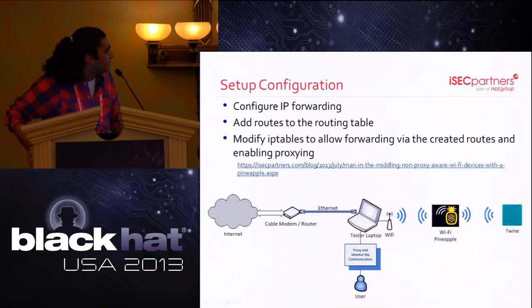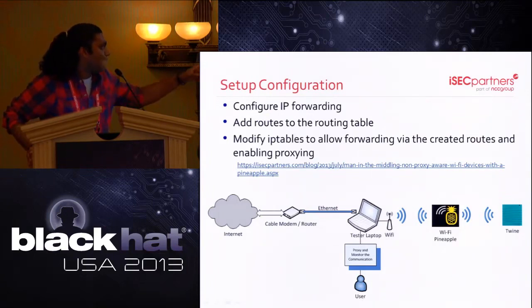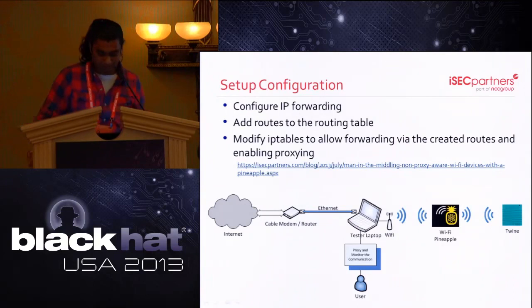We configured IP forwarding, creating a route between the Ethernet port and the Wi-Fi adapter, to allow traffic between these two adapters. If you want more information about this, there's a neat little article that I've written on the ISEC blog, and you can use that for more information.